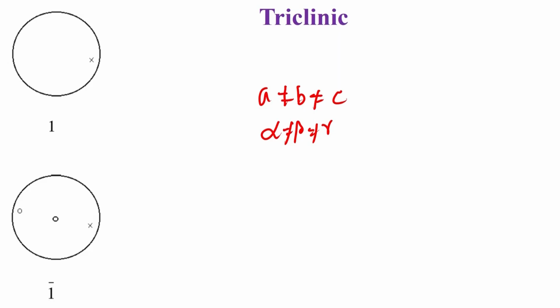So, the way in which this unit cell is described, there is no question of any directional preferences of the symmetry operations in this. That means, we cannot invoke any rotational symmetry in a triclinic system, or for that matter, as the consequence of which, we cannot have any plane of symmetry in a triclinic system.